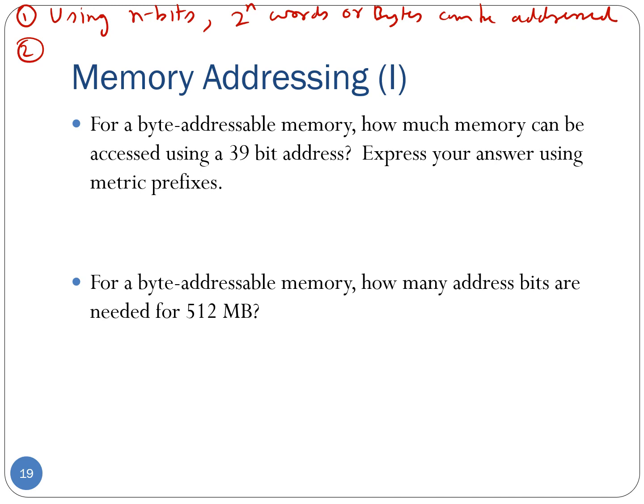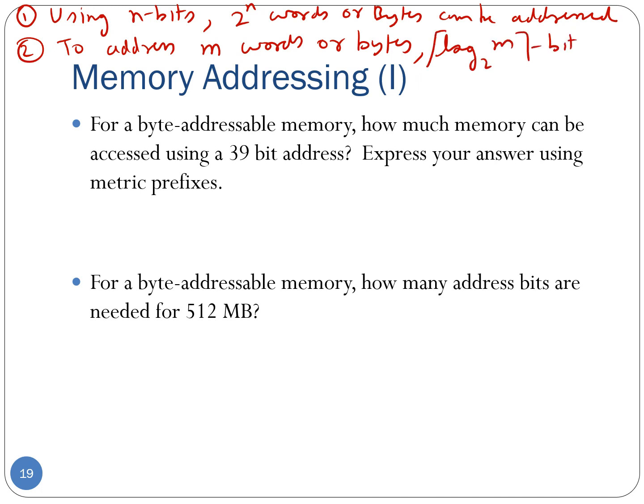And the second rule is, to address m words or bytes, we need the ceiling of log to base 2 of m bits. Okay, so we'll be using these two results to solve all these memory addressing problems.